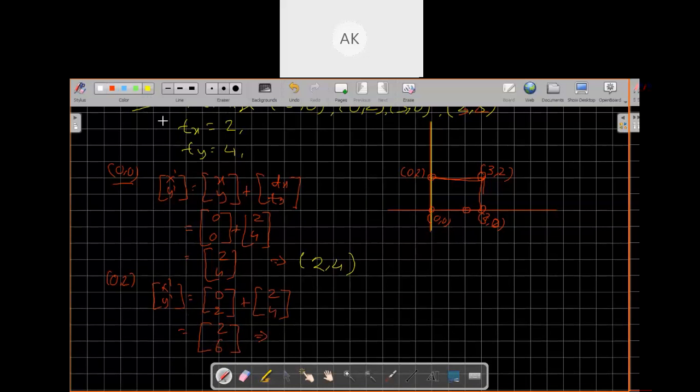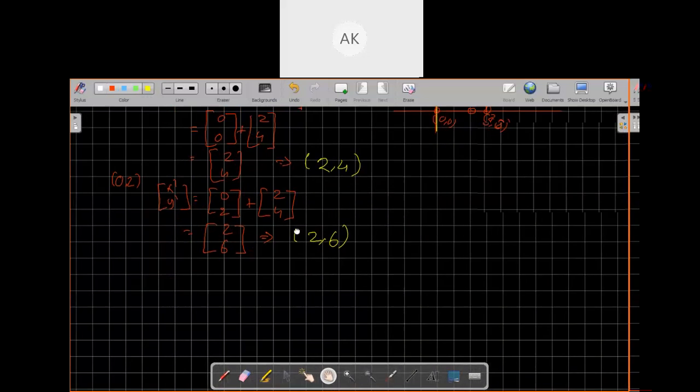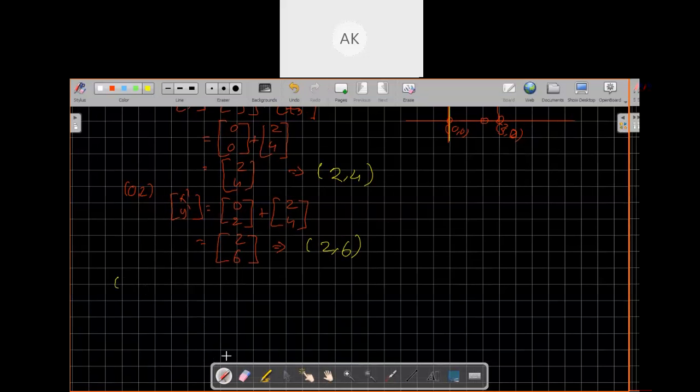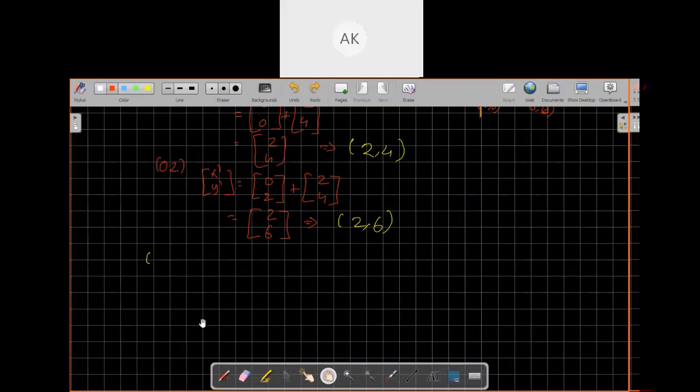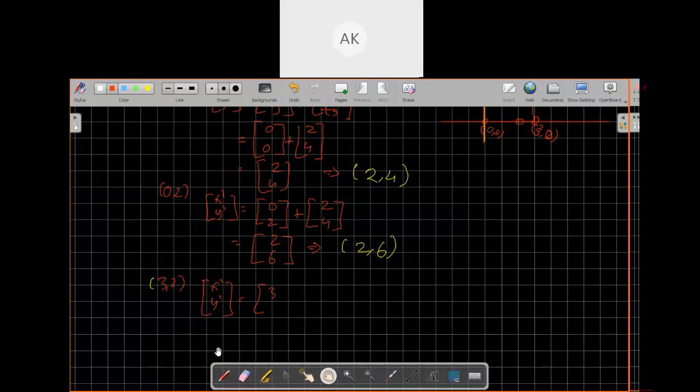Okay, now let's see the next point, 0 2. x dash, y dash equals x, y, which is 0 2 in the current position, plus our translation parameter 2 4. So you will get 0 plus 2 is 2, 2 plus 4 is 6. After translation, this point will change position to 2 6.